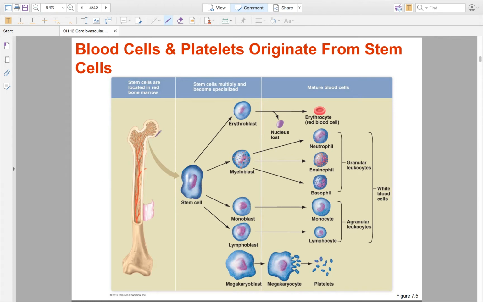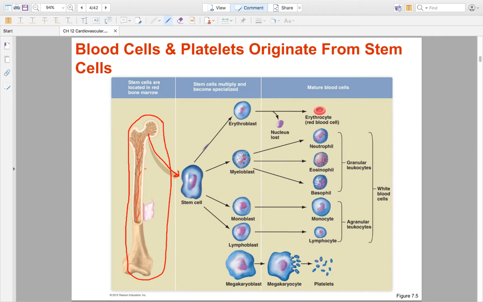We have red bone marrow inside of our bones, especially long bones like this one. As you know, stem cells are capable of becoming almost anything. They are instructed to go on and become specialized cells.